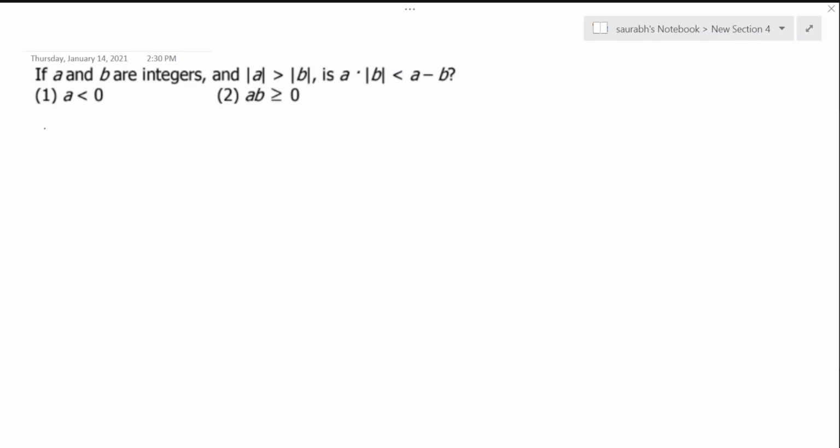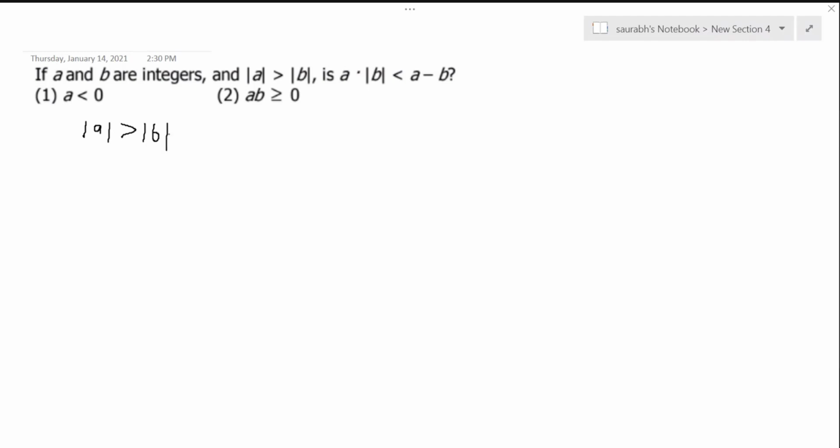That's the question. So let us first analyze the question stem, because whenever you have absolute value in the question, it becomes a little bit harder problem. So let's try and analyze. The first information they have given is that modulus A is greater than modulus or absolute value of B. Both are the same thing, modulus or absolute value.